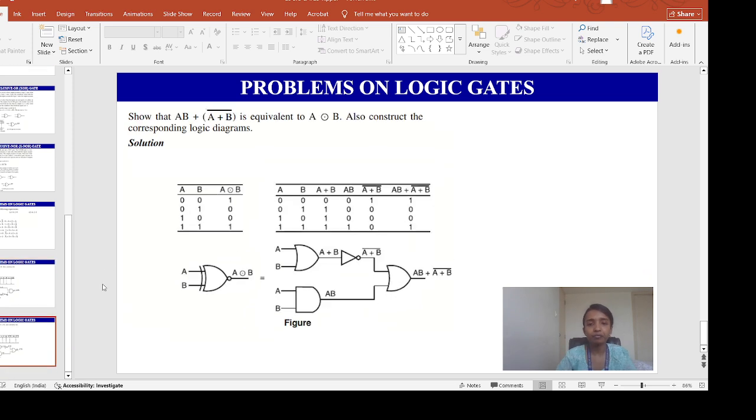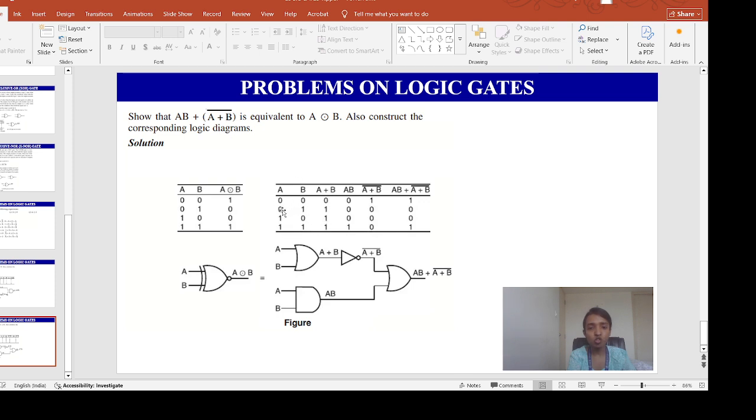Okay. Now let's see another example. Show that AB plus (A plus B) whole bar is equivalent to A XNOR B. We know the truth table of XNOR. So when inputs are the same, output will be 1. When inputs are different, output will be 0. Now we have to write the truth table or simplify this expression. A, B, write the 4 input combinations. Then A plus B we have to perform.